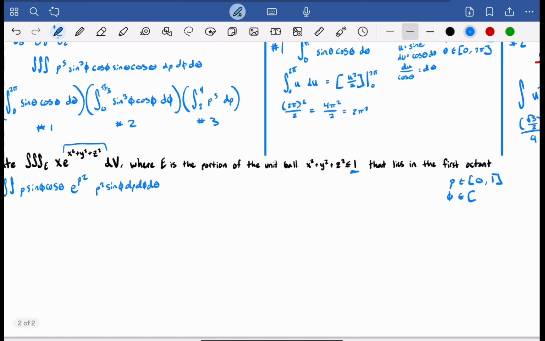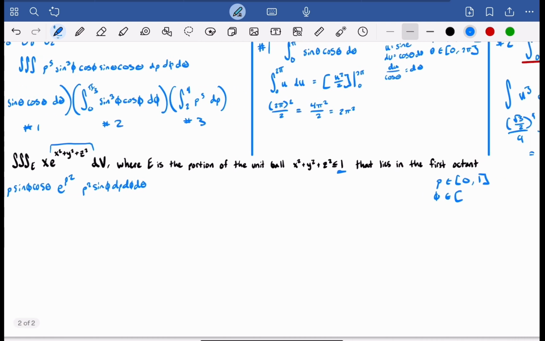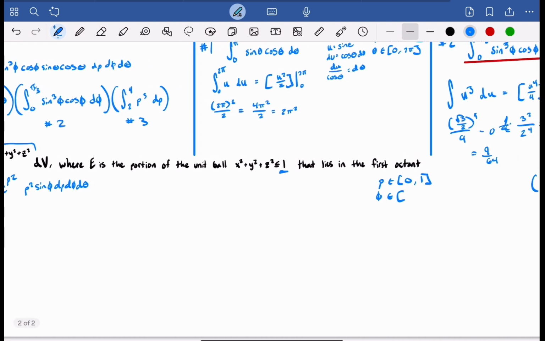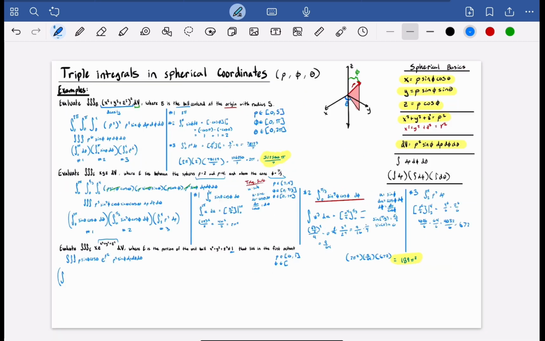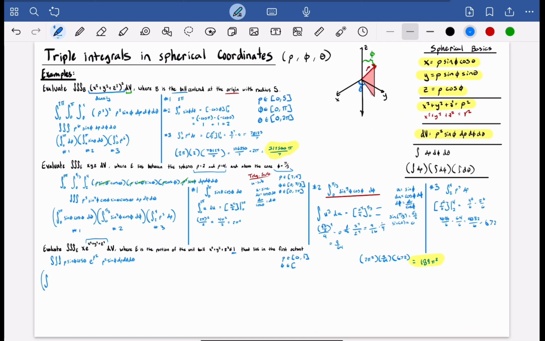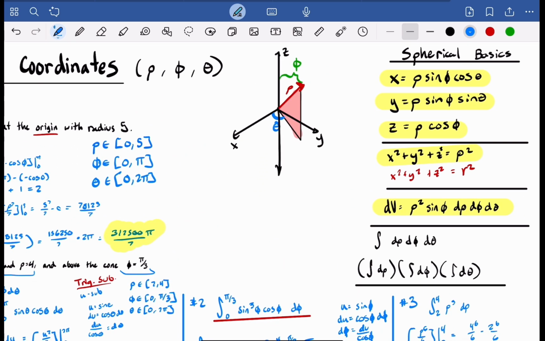let's see here. If we have a portion of a ball that lies in the first octant, that would mean that you have positive, let's say this is again your x going here.